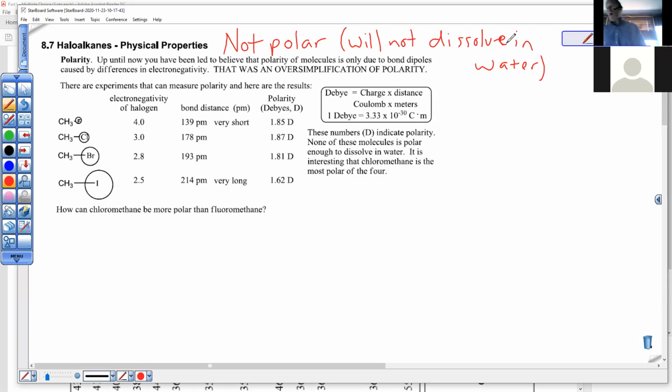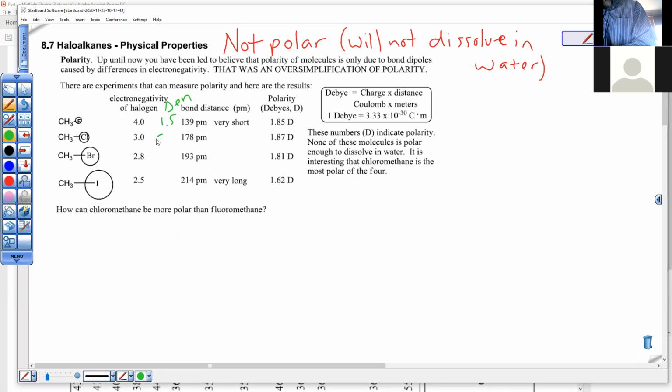They do have a small amount of polarity based on the fact that one of their bonds is polar covalent, for here and here. And our description of polar covalent doesn't work down here. Why was this one polar covalent? The difference in electronegativity, remember those? Delta EN, 4 minus 2.5, 1.5.